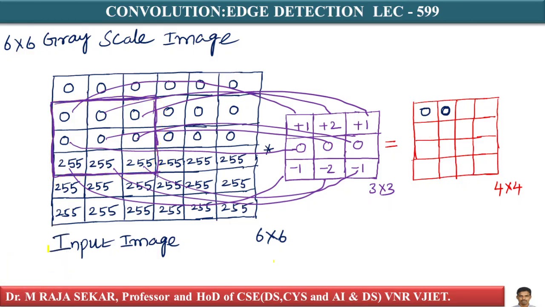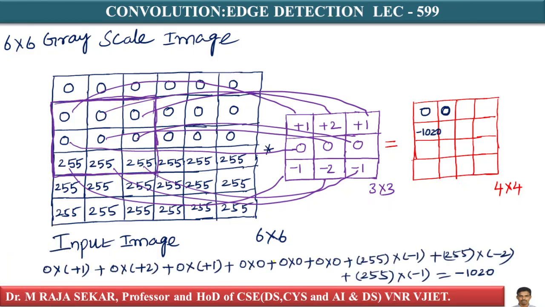What will you get if I multiply corresponding elements and add them? The resultant value is minus 1020, isn't it? The sum of all of them is minus 1020. So you place the value minus 1020 here. That's what it says, isn't it? Yes. Let's see another cell.